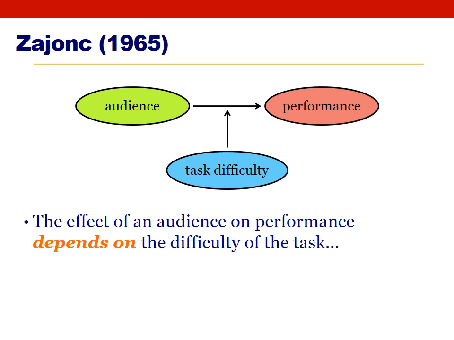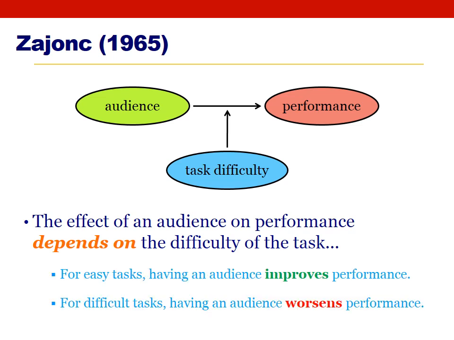Now, by difficulty, it may mean how objectively hard or easy that thing is, or it may mean how subjectively easy or difficult it is for us. That is to say, whether we're good at it or bad at it. So what this psychologist's theory said was that if the task that we're doing is something that is easy, having an audience leads us to perform better.